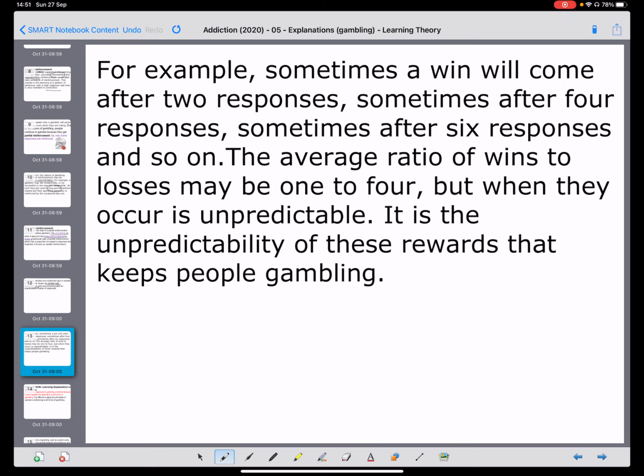So this is the key to the difficulty with trying to extinguish the gambling behavior in an addict, is that every time the gambler plays, yes, they have a very high statistical chance of losing, but at the same time they have a statistical chance that they could win.